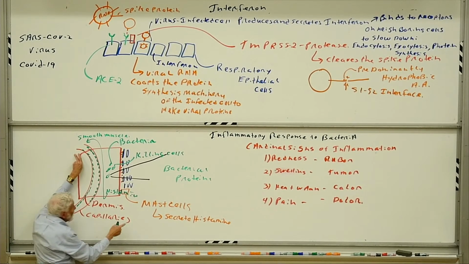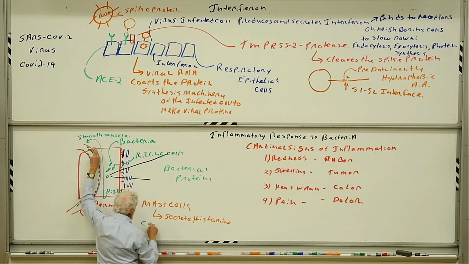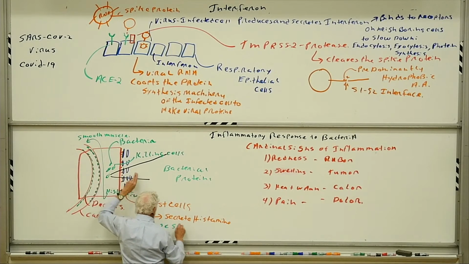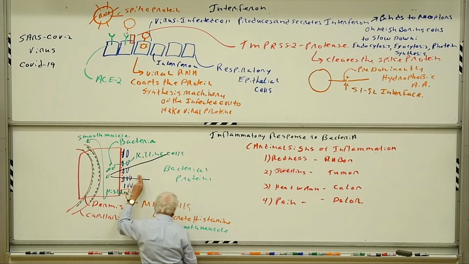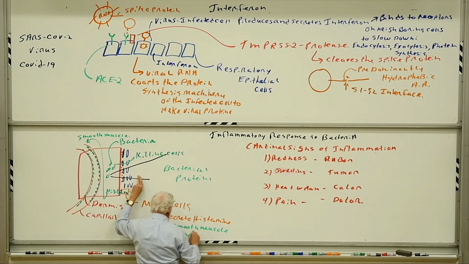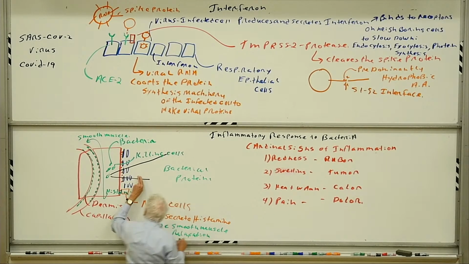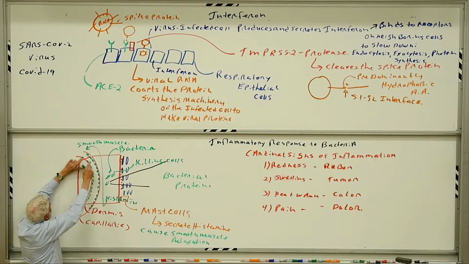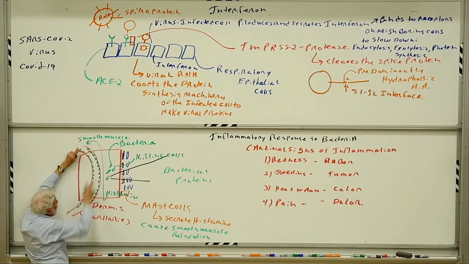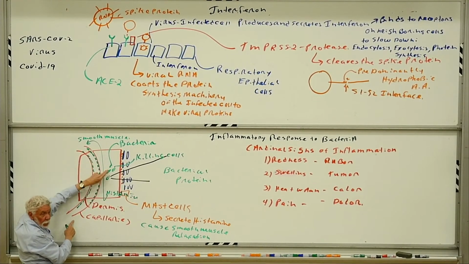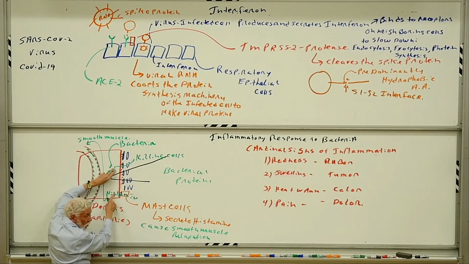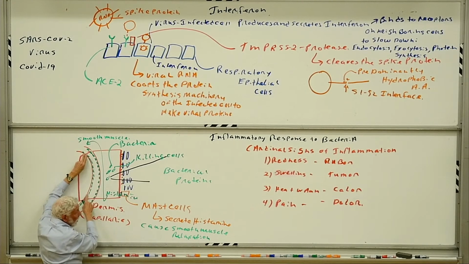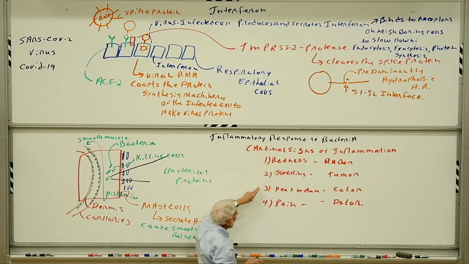Well, the mast cells cause smooth muscle relaxation. Well, you'll know that when we relax this smooth muscle, we're now going to get increased blood flow through this region. So the bacteria have told the mast cells, release histamine, we increase the blood flow, and that increased blood flow can account for warmth and redness.